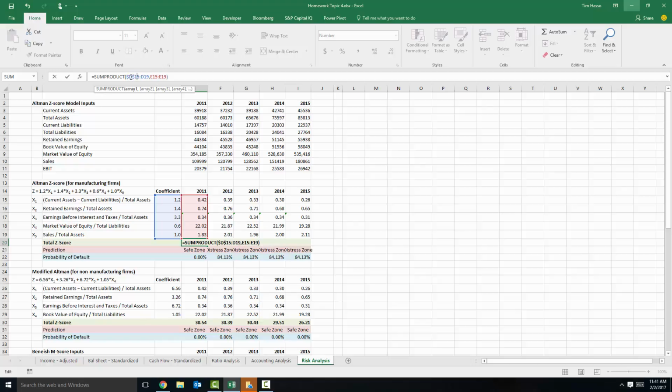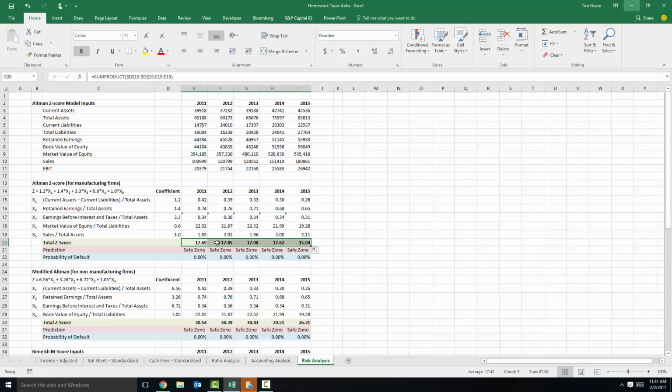So again, I'm going to use the dollar signs around before the D and before 19 in this case. Press enter, and now it's locked. So now that I drag it to the right, it's going to be automatically calculated for me. For example, if I go here, I can see that it's used the coefficient still at the absolute area, and then we have the values which have moved since we've dragged it to the right.